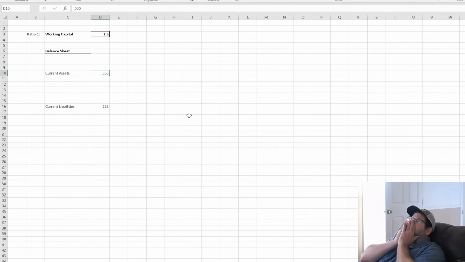Now I think it's sometimes easier to look at this stuff from the perspective of your own household finances. So what are the current assets of a house? Basically your checking account and technically your paycheck.